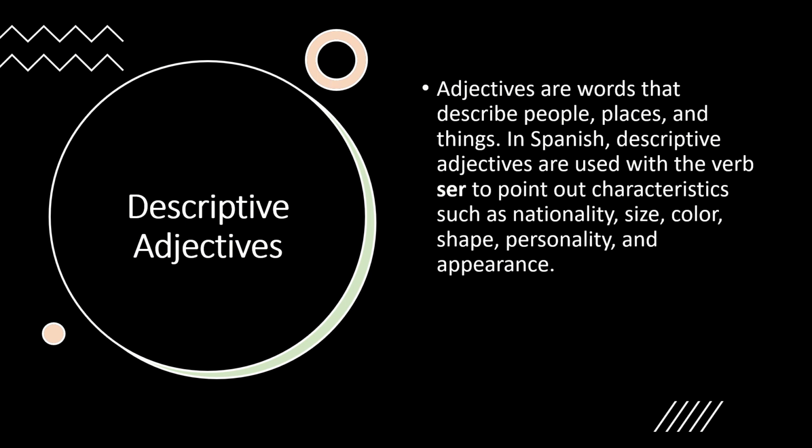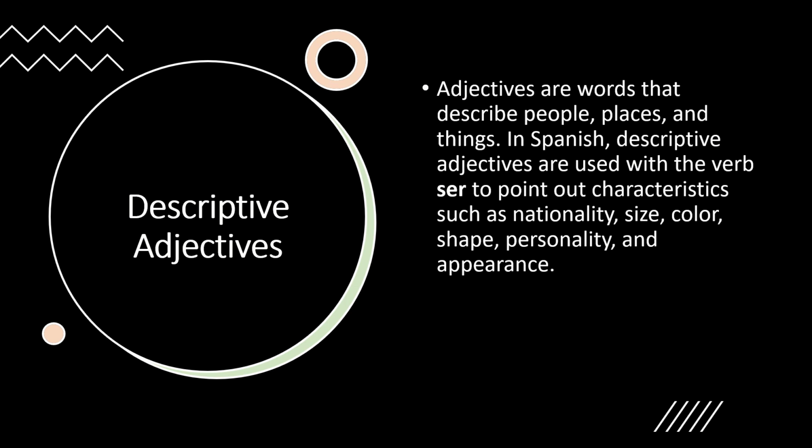So getting into descriptive adjectives, remember that an adjective is a word that's used to describe people, places, things. Okay, so adjectives are used in order to describe nouns. Okay, in Spanish, I've already told you this, we are going to use the verb ser. So once again, that means that we're using soy, eres, es, somos, sois, or son.